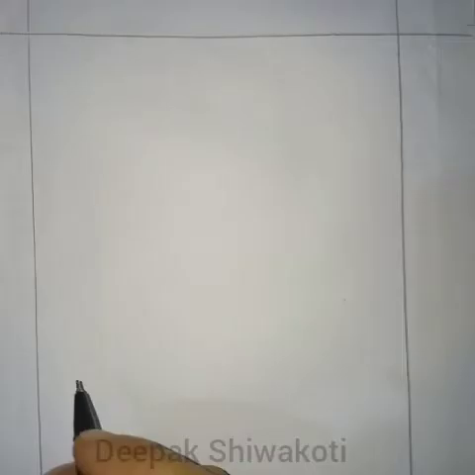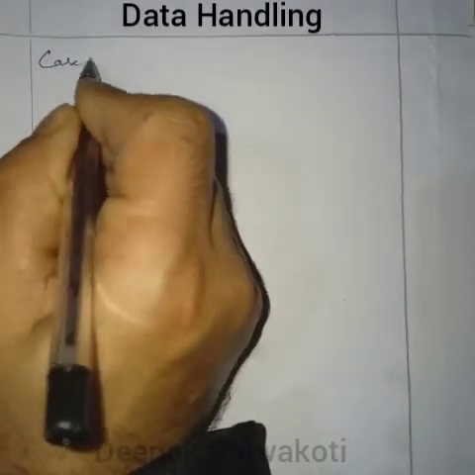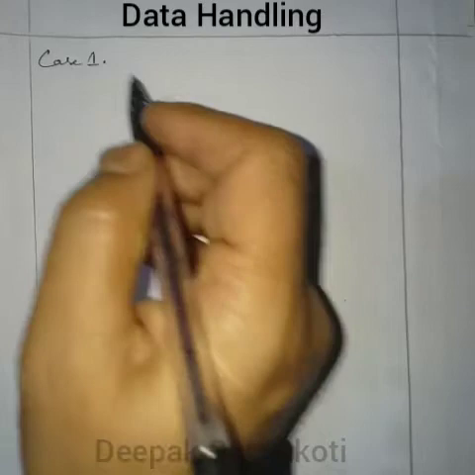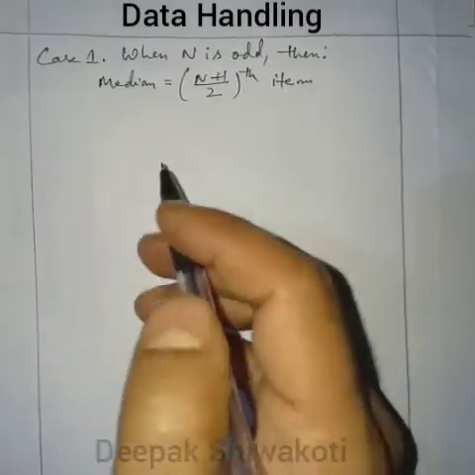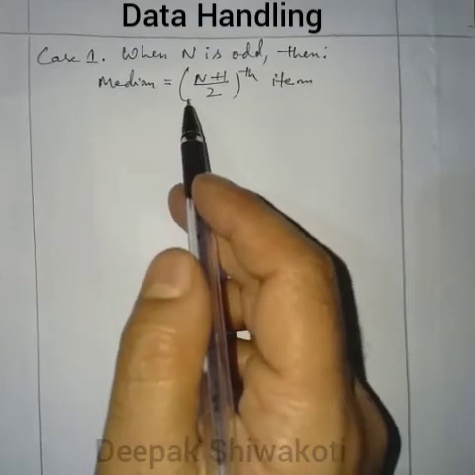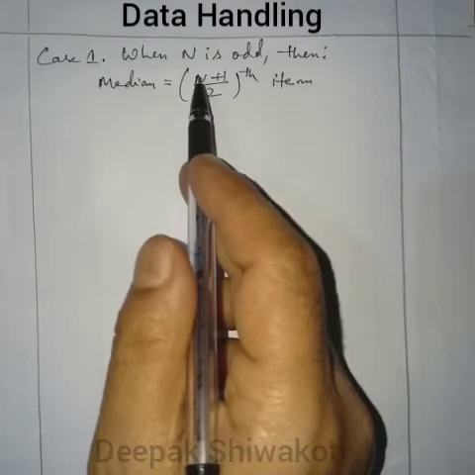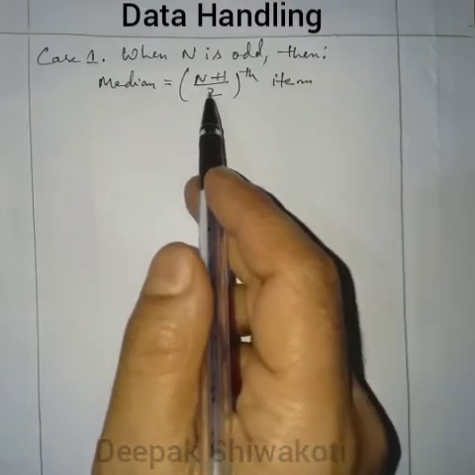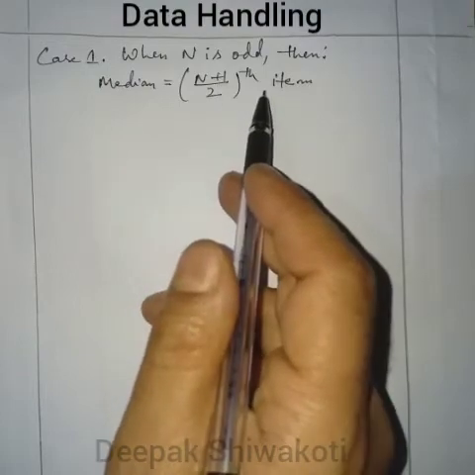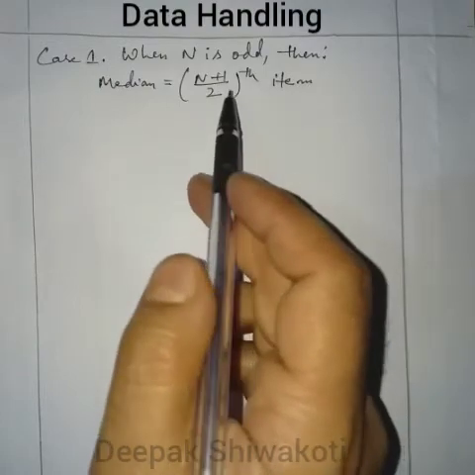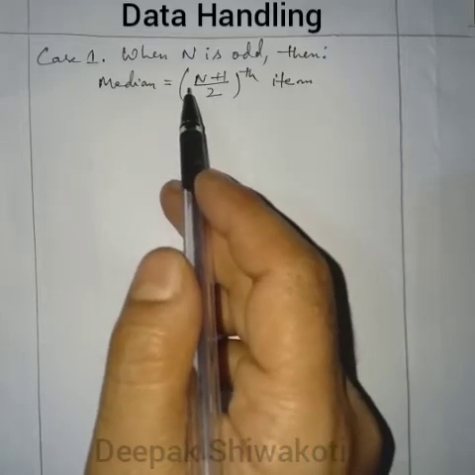Case number 1, when n is odd, median will be equal to the (n plus 1) by 2th item, where n is the total frequency. Suppose it is the 5th item, then the median will be the value of the 5th item.